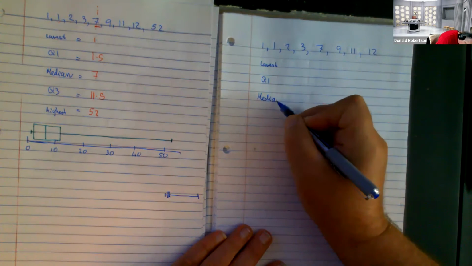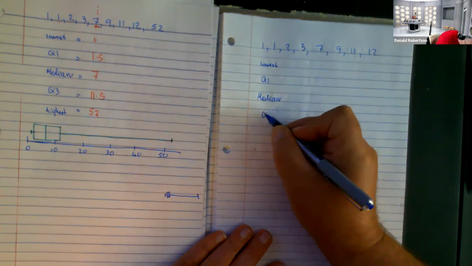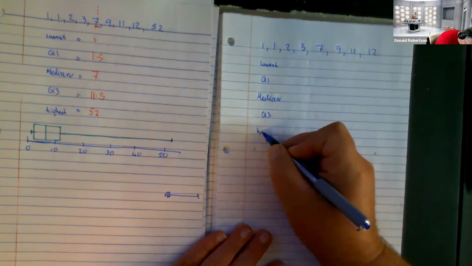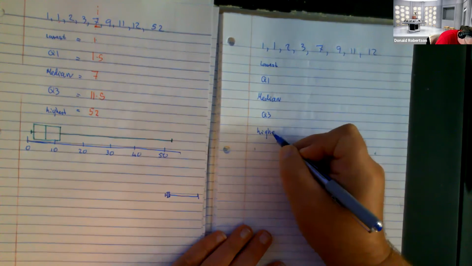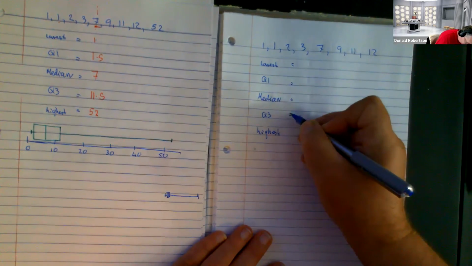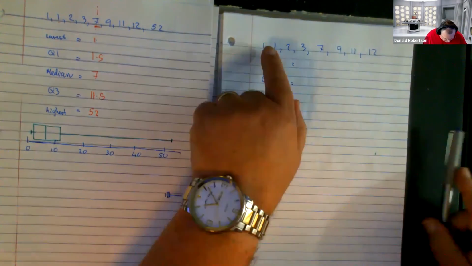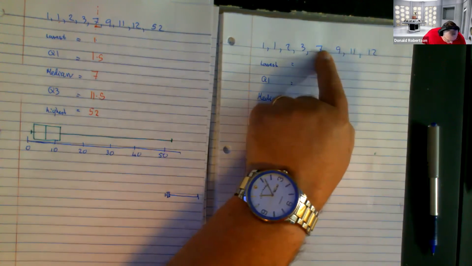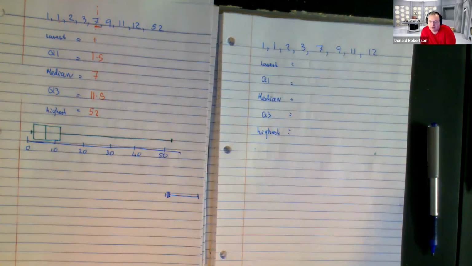If you had your calculator, it wouldn't actually take you that long to do this. It's going to take me a little bit longer because I have to write everything down. Now, since there are 8 numbers here, where is the median? Because it's not a single number anymore, is it? Isn't it in here?